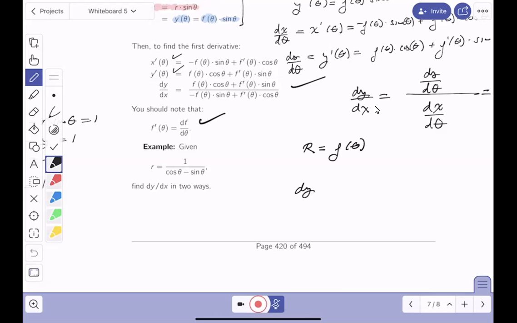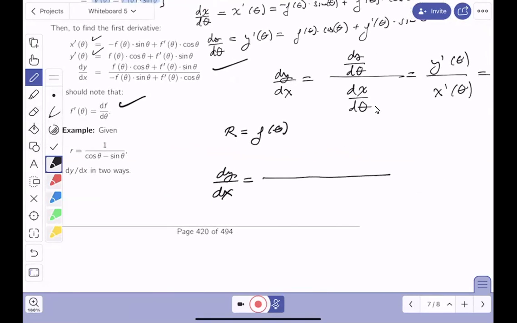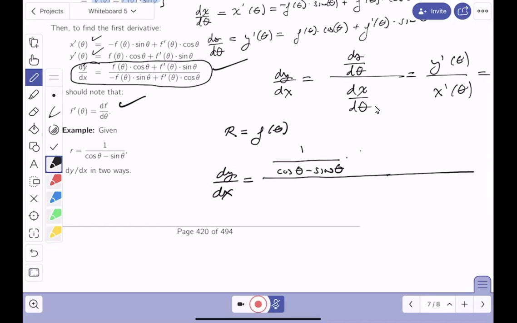So dy/dx equals, it can get tough. Well, let's write this f of theta down now, okay? So I'm using the formula over here. And that's going to be f of theta, which is 1 over cosine theta minus sine theta, times cosine theta. I'm just copying the formula. Now I got to do f prime.